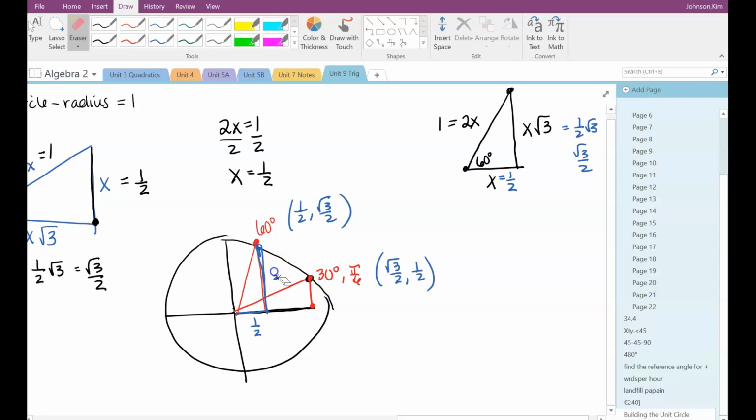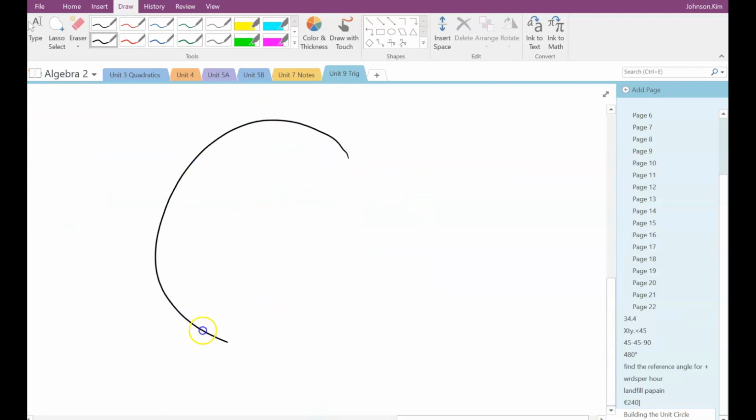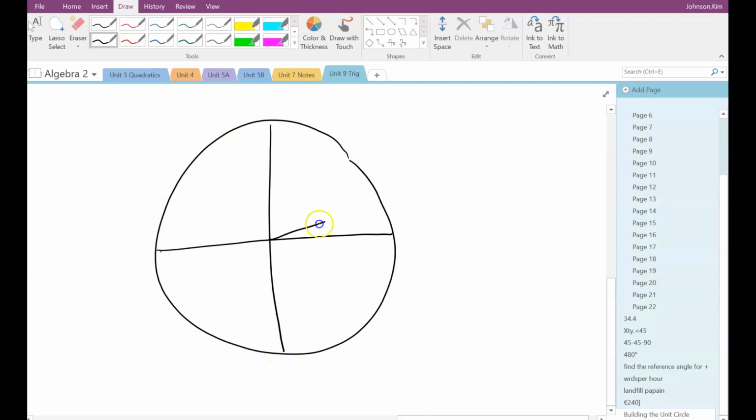Now those specific ordered pairs can transfer over. This entire circle is perfectly symmetrical, right? So if I look at the bigger circle, I'm going to draw a big one. So this is 30 degrees, and this is 60 degrees. This was 90, this is 120, then 150.